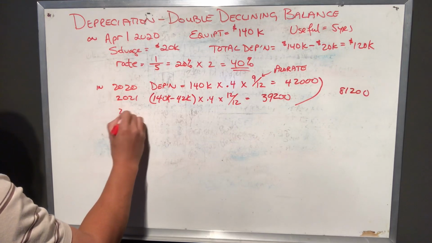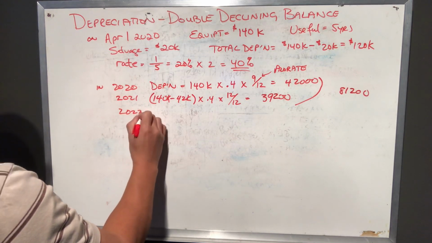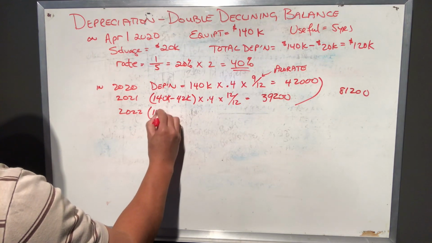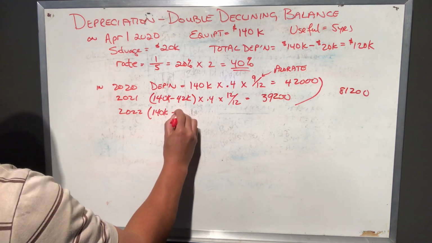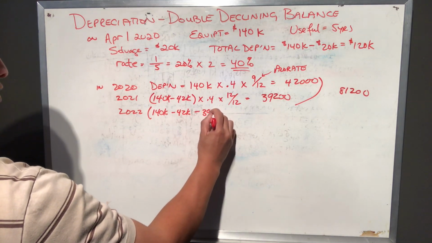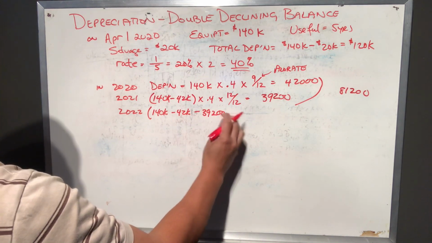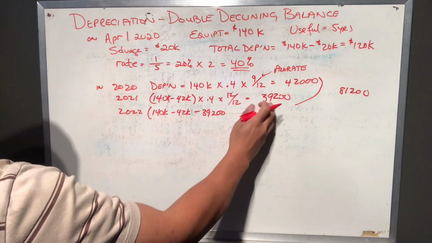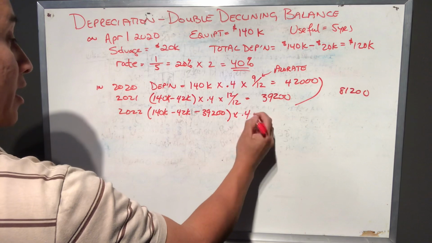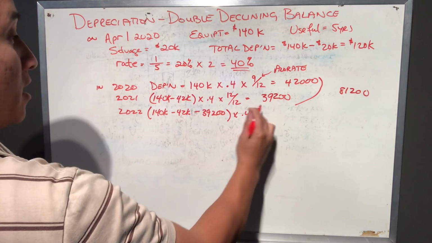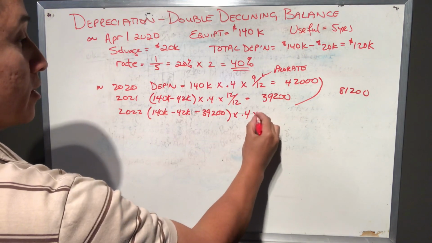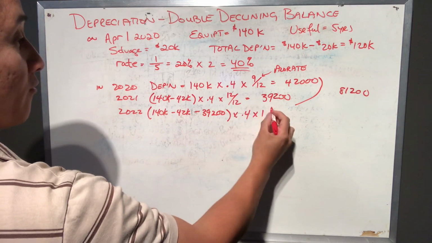In 2022, the way we would calculate depreciation here would be 140K minus the 42K minus the 39,200 that was recognized in the second year, multiplied by the double declining balance rate of 40%, and we could multiply by 1, or 12 out of 12, for 1 full year.